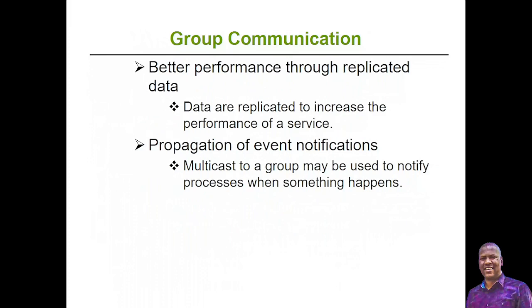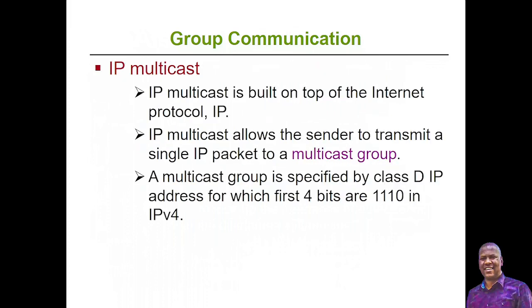So group communication offers better performance through replicated data, as you have seen, and also propagation of event notifications, just to ensure that they get the right communication from the surrounding processes, right?